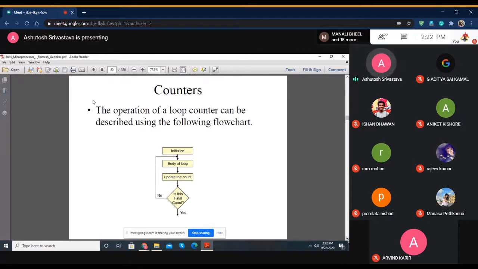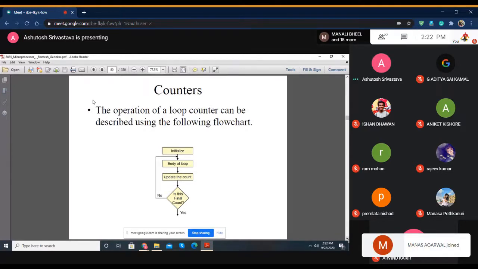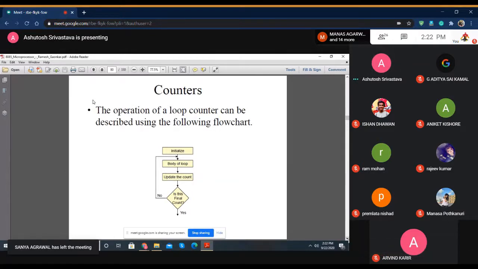So this updated count, if it satisfies the final count, it comes out of it, else it goes back to perform the second loop, which is a sequential set of instructions.